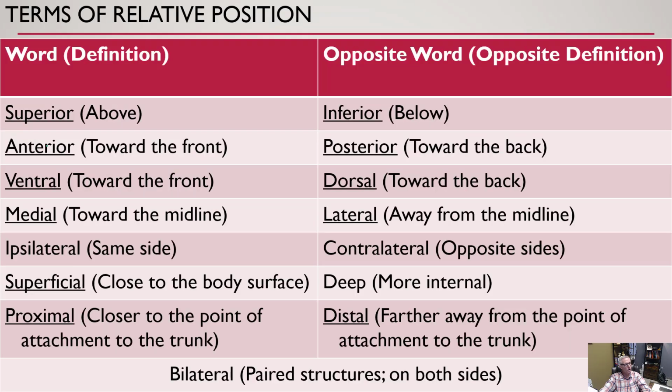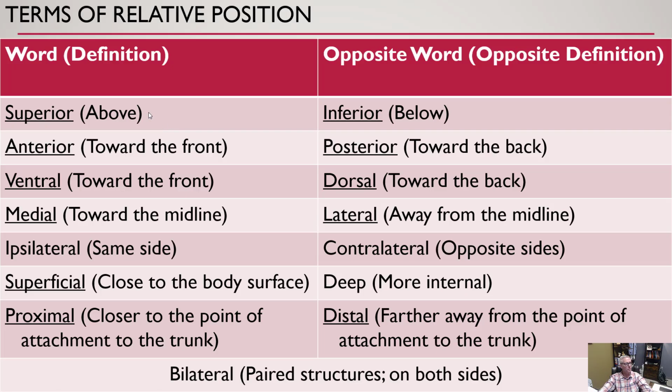Now, some of the terms that you have to know and that we will be using in this class, and this is kind of where we get into medical writing.